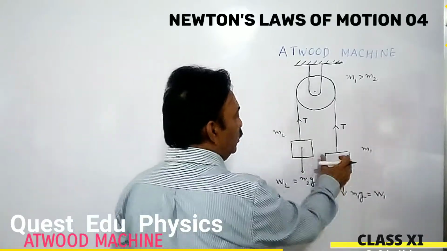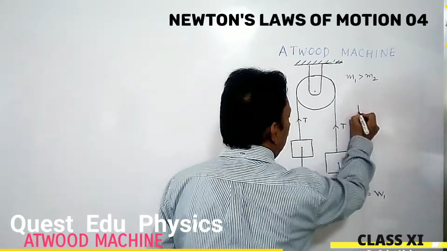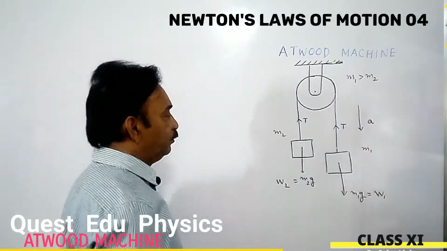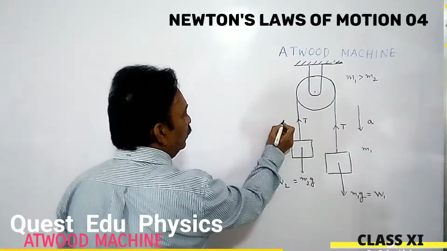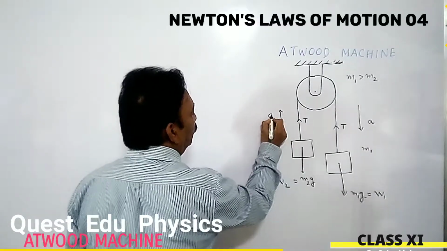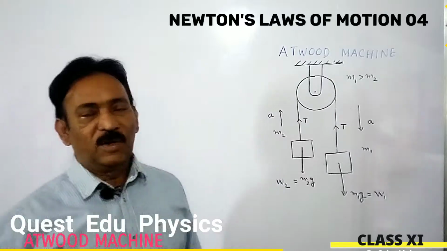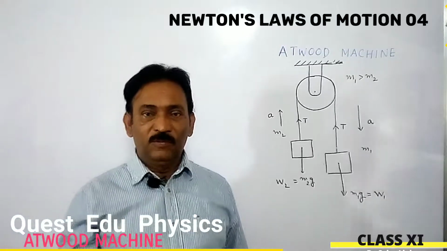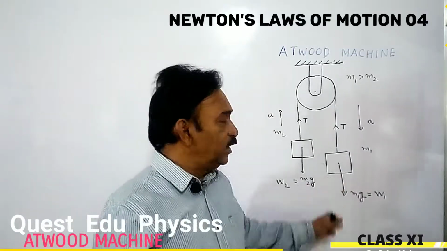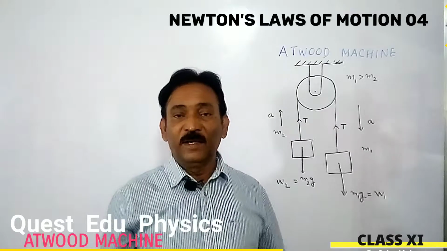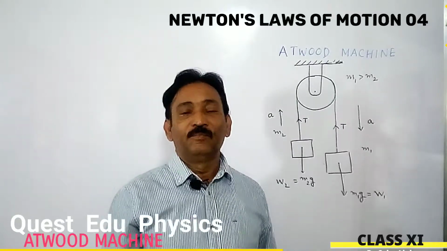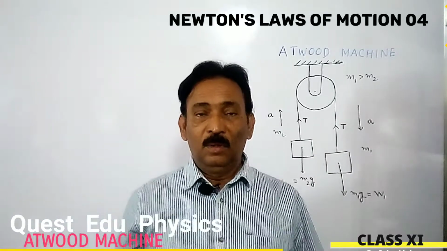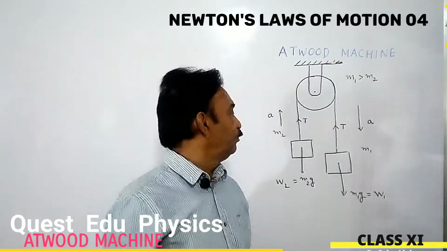Obviously, this mass gets accelerated in the downward direction, while this mass tends to move up. It is what we need to understand. Okay, it is one of the applications of Newton's second law. By using this diagram, we will find the net force acting on the body. And you know that net force is the difference between the two forces.